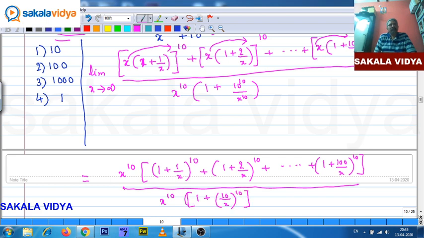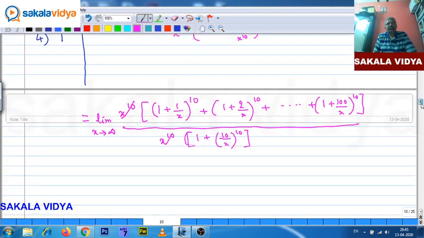Okay. Limit x approaches to infinity. The x to the power of 10, x to the power of 10 gets cancelled. Here see, when x approaches to infinity, this 1 by x becomes 0, 2 by x becomes 0, 100 by x becomes 0, this 10 by x becomes 0.